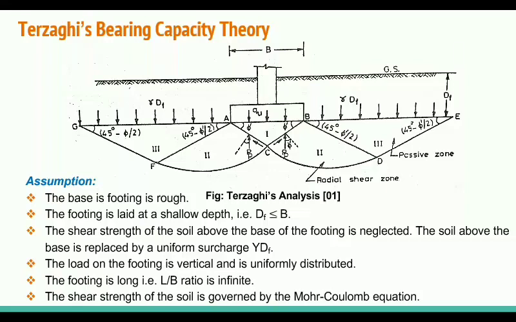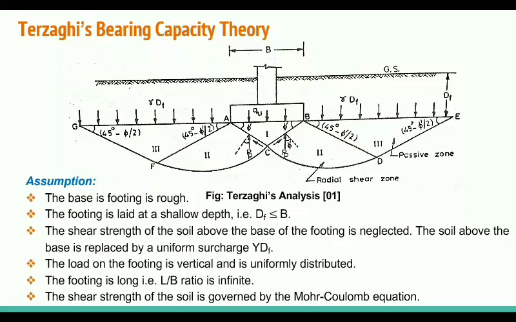So what is happening? Zone 1 exerts pressure on zone 2, and the sloping edges AC and BC of the wedge CBA, which is zone 1, bear against the radial shear zones CBD and CAF, that is zone 2.